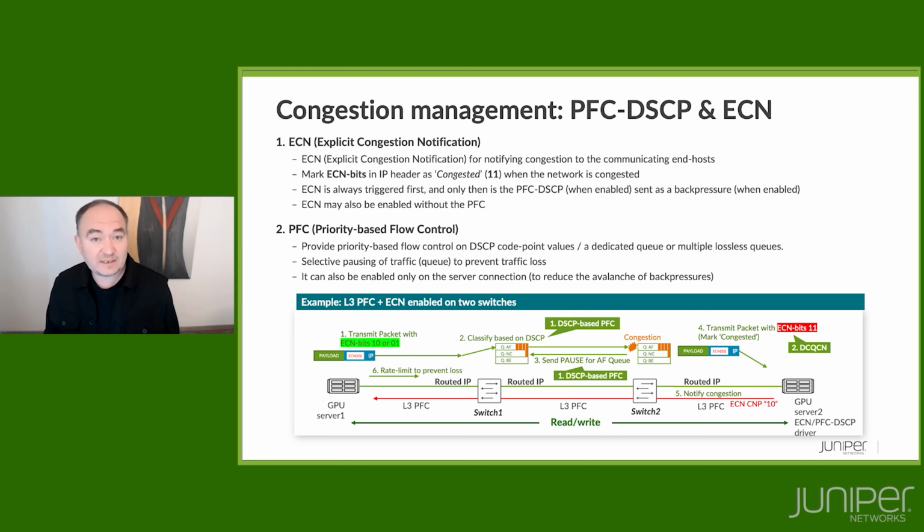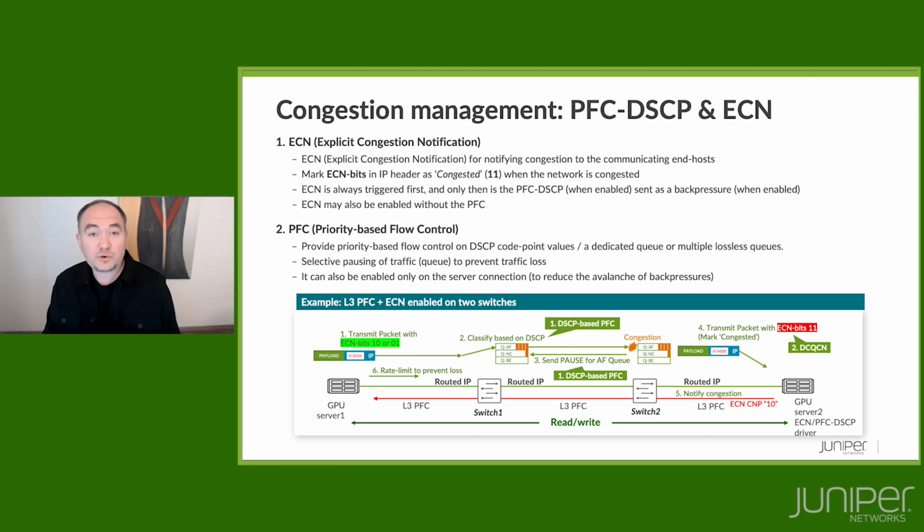It will send back the information to the originating server, marked with specific values to inform it that it needs to slow down a little bit for a very short time, and then reduce or simply eliminate the congestion. When it sends back the CNP message to the originating server, the source of the RoCEv2 packet, it includes the destination queue pair information so that we know exactly for which session it needs to reduce the rate.